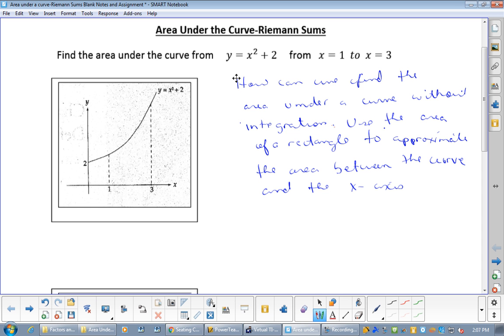So how can we find the area under a curve without integration? Use the area of a rectangle to approximate the area between the curve and the x-axis.